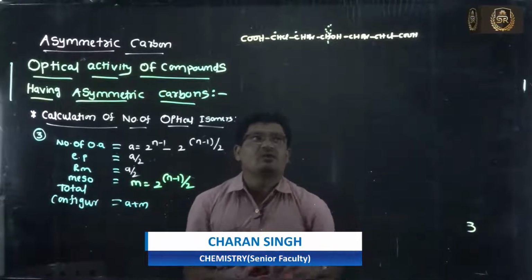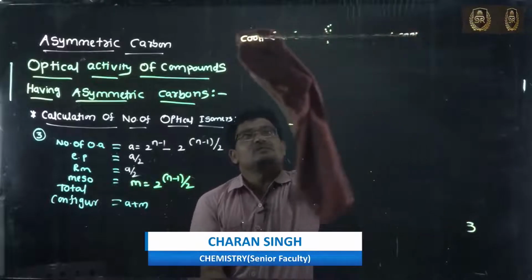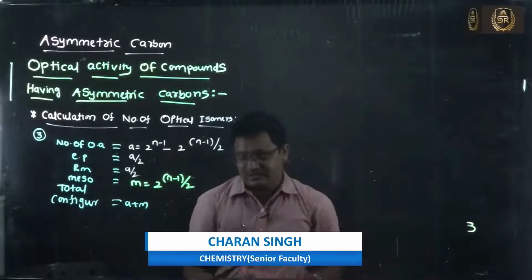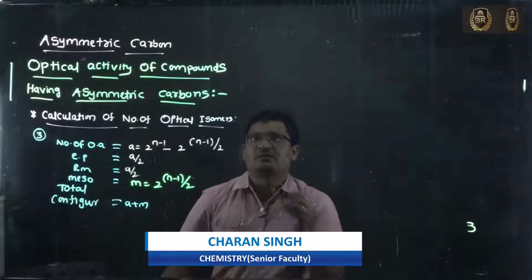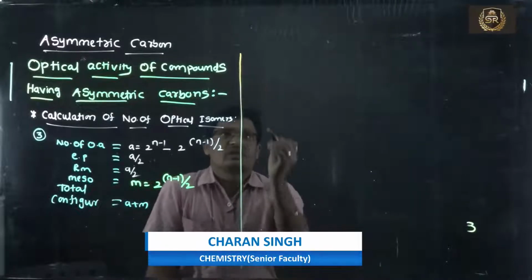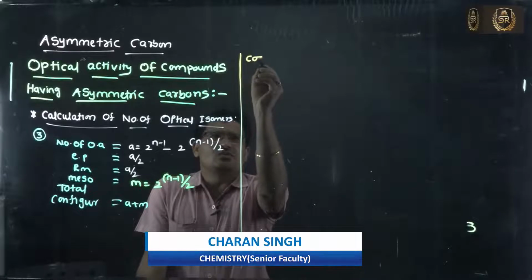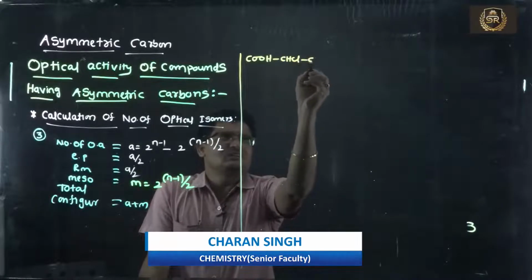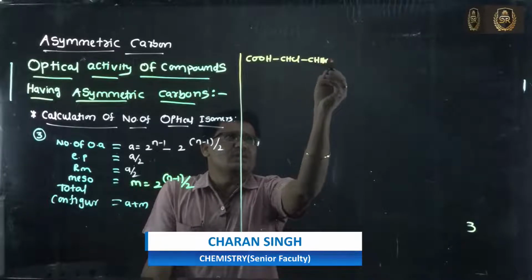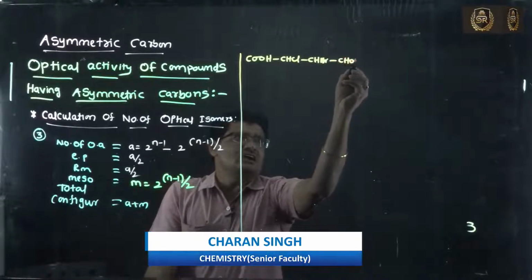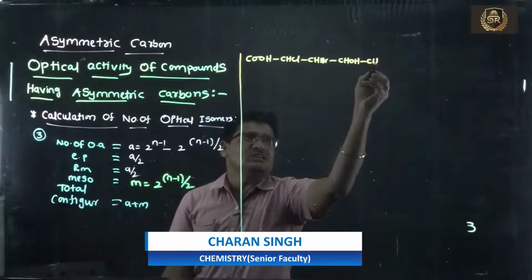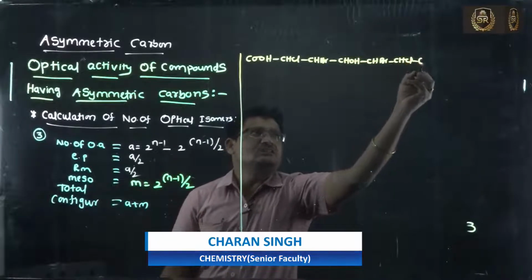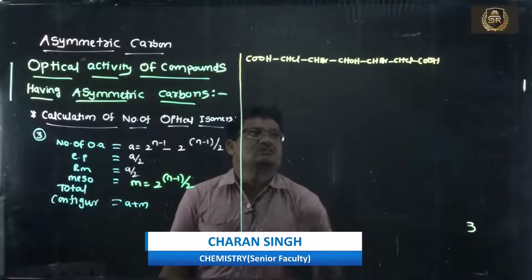So what is the formula for this one? In this one both ends will be the same, like this: COOH, CHCl, CHBr, CHOH, CHBr, CHCl, COOH.